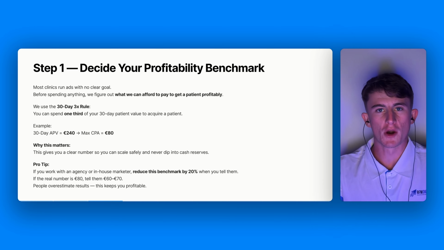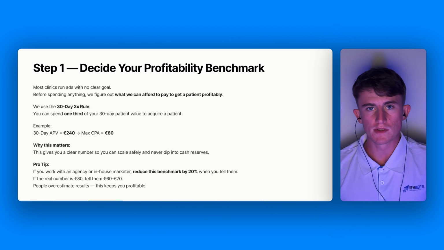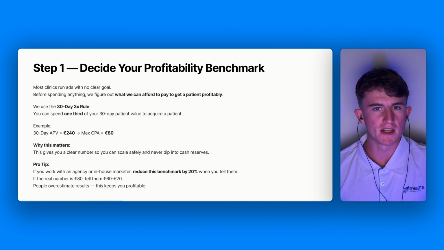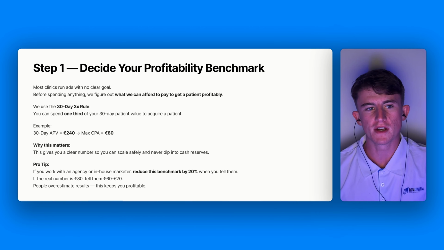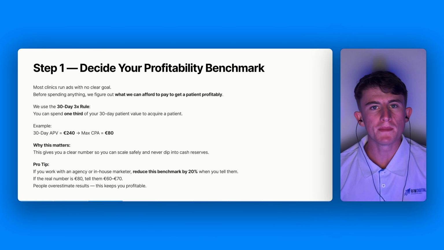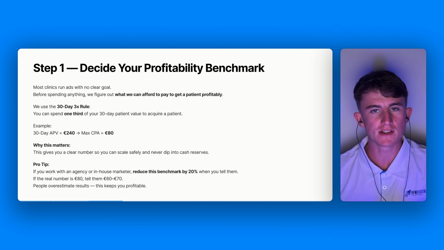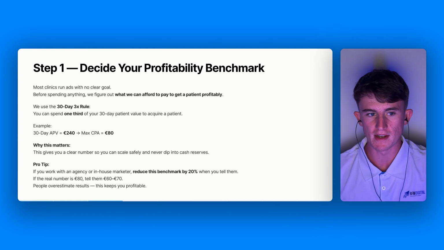The framework we use for deciding our profitability benchmarks for our partners is the 30-day 3x rule. The way this works is we believe we can spend 1/3 of what a patient brings us in revenue in the first 30 days.